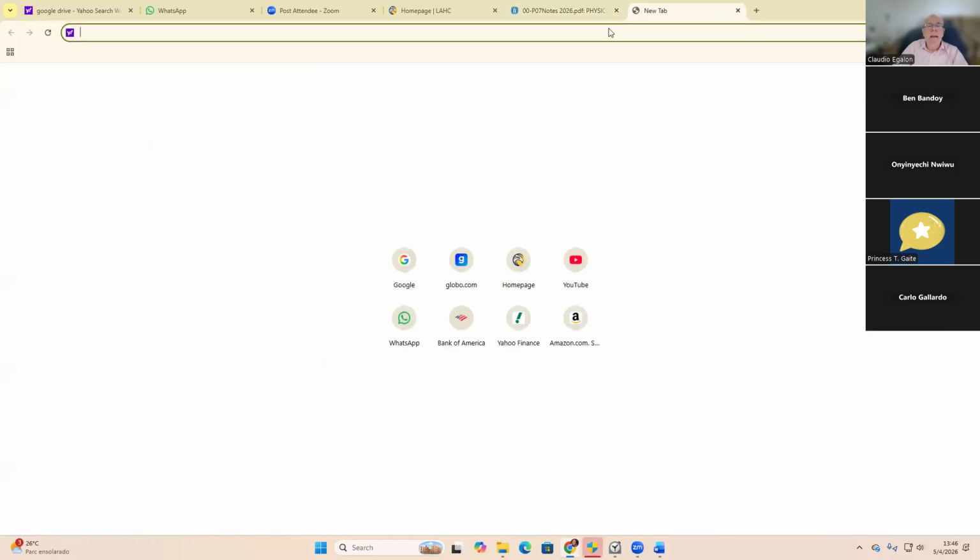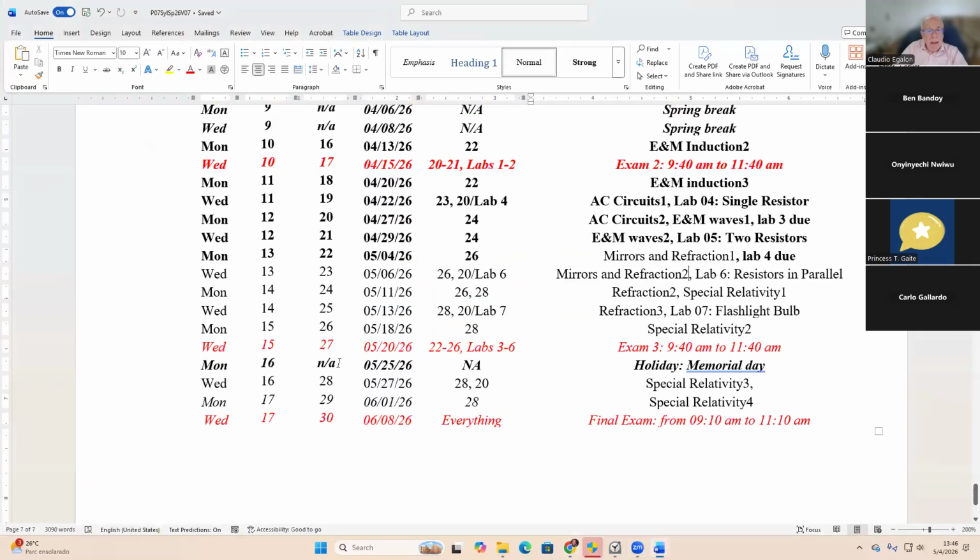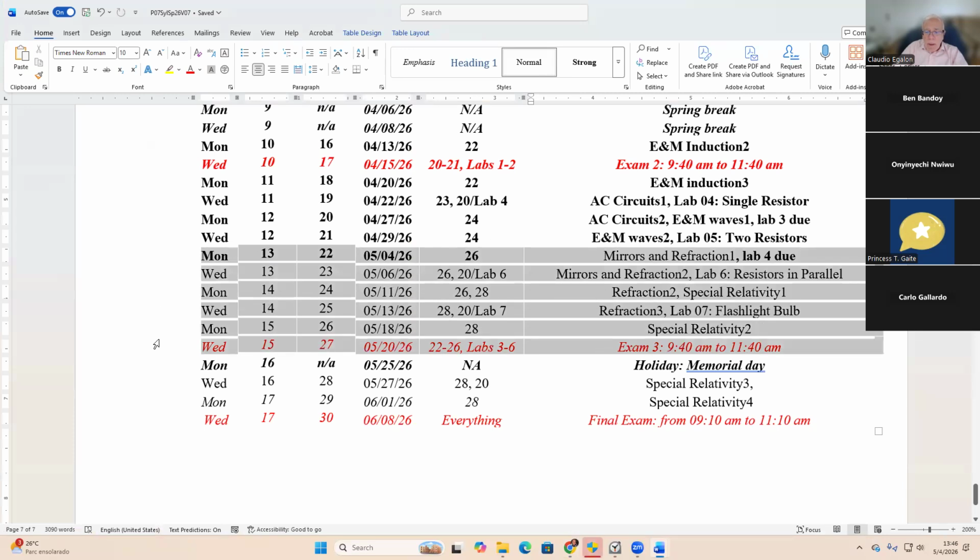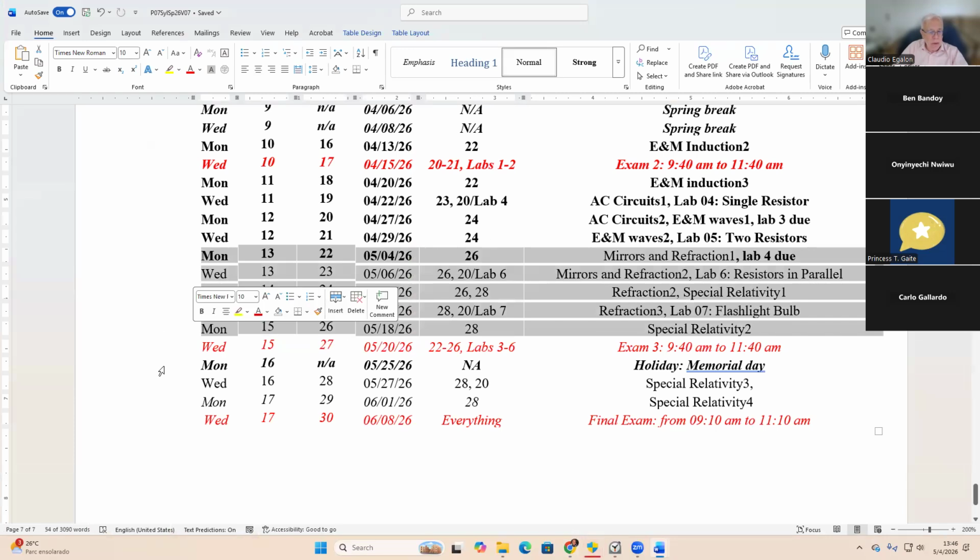Let's now take a look at the book. And before we go to the book, let's take a look again at the exam. It is due Wednesday, the 20th of May.